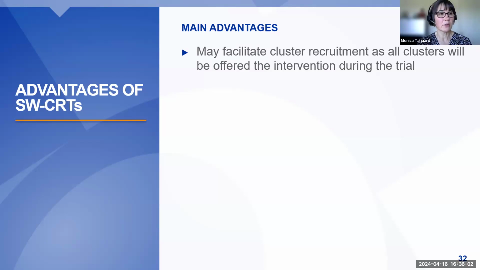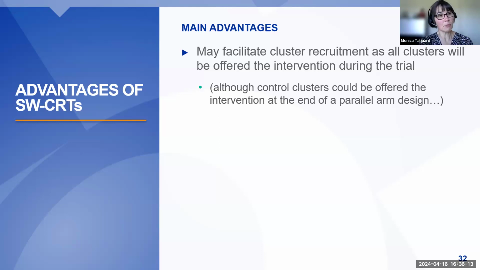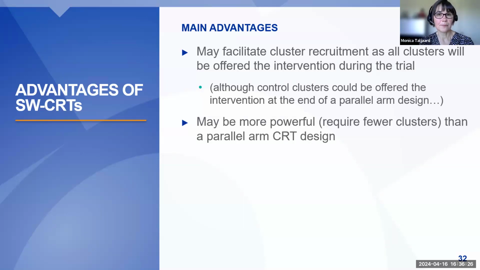They will just be in the control arm for the duration of the trial. They have to do all of this data collection, but never get a chance to implement the intervention. So it could be a benefit to tell them that at some point, you're going to be able to implement the intervention. But please remember, you can also do that in a parallel arm design. You could offer the control arm the intervention at the end if you find it to be effective.